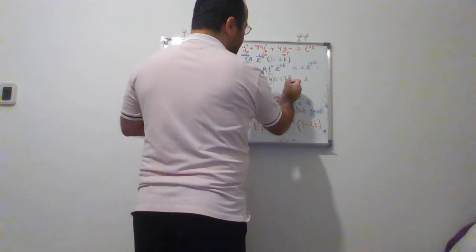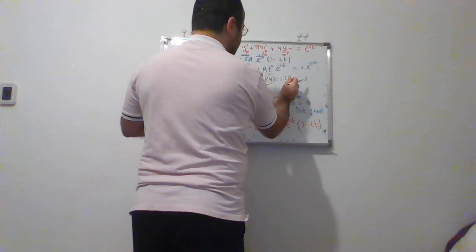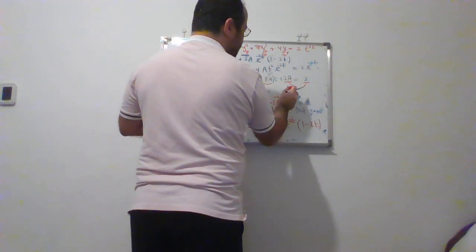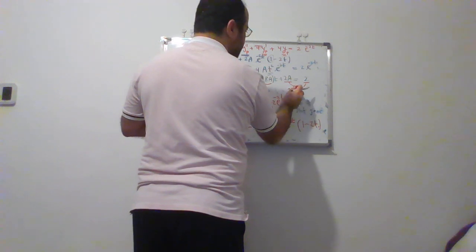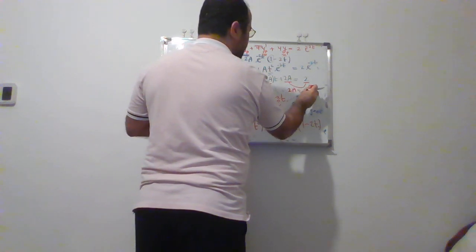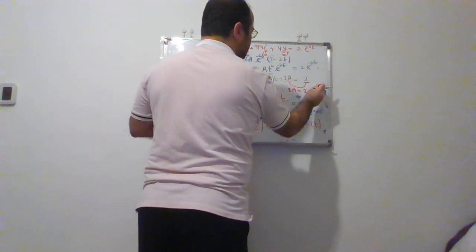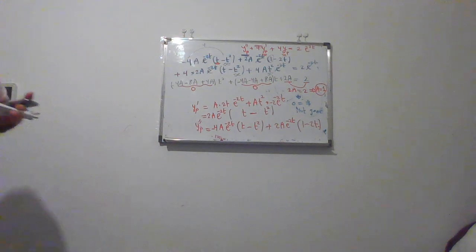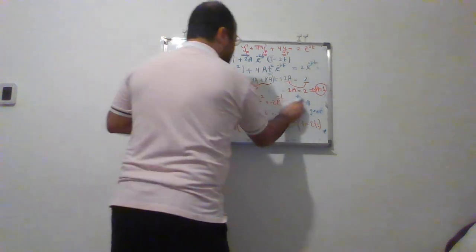Now it is clear that constant equal constant. So these should be equal. So 2a should equal 2. Then a should be 1. So a is 1. Now if you get a, then you already got what? The y particular.